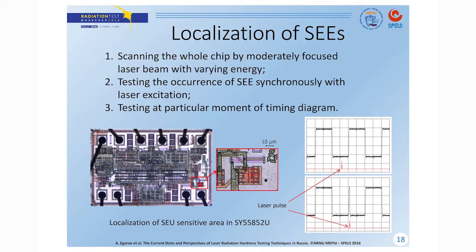Also, a moderately focused laser beam, in contrast to heavy ions, can be used to localize single event sensitive points within the IC chip. As I have already said, it is done by scanning the whole chip with laser pulses of varying energy and testing the occurrence of the effect under test, like this one. So this IC has this sensitive region.